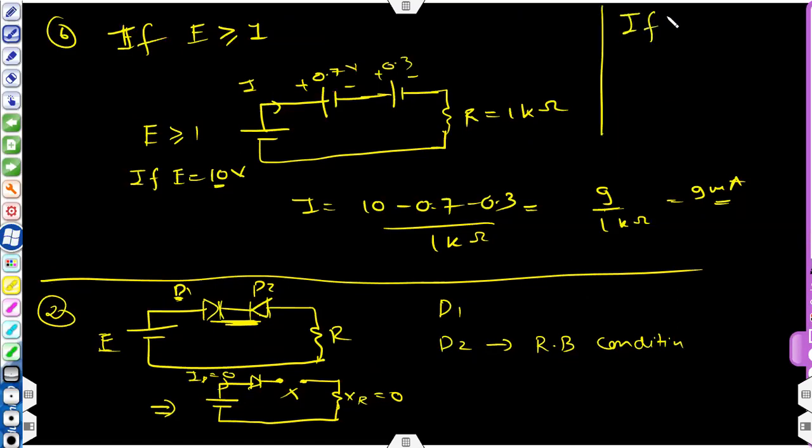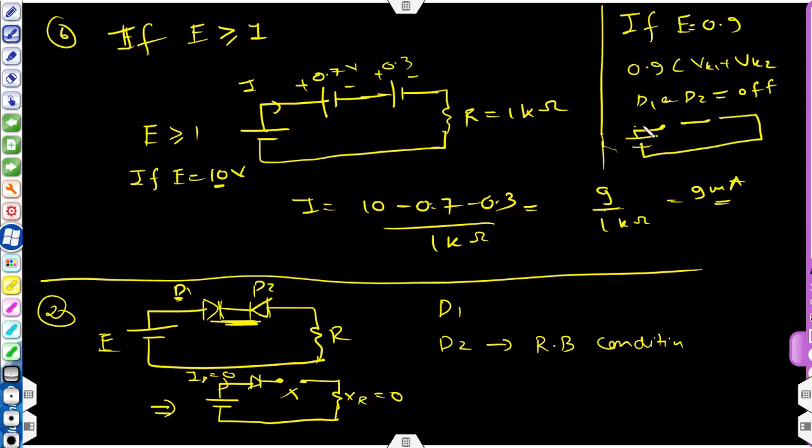If for this circuit the given value of E is 0.9 volt, then 0.9 is less than VK1 plus VK2, so D1 and D2 will be off, and this will be the equivalent circuit. No need to solve, simply ID will be equal to 0, that's it. So make sure to verify this condition.